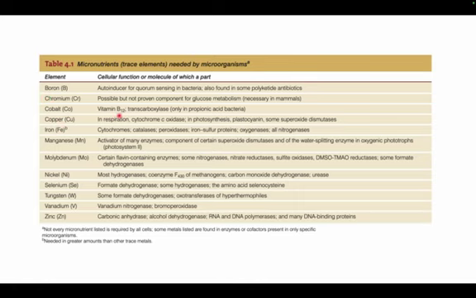You're seeing copper is required in respiration, cytochrome C oxidases, in photosynthesis, and so on, because it is a cofactor in these enzymes. Iron, again, is a cofactor in these enzymes. Manganese, molybdenum, nickel, selenium, zinc. I'm saying not every micronutrient is required by all cells, but they are required by the majority of cells.